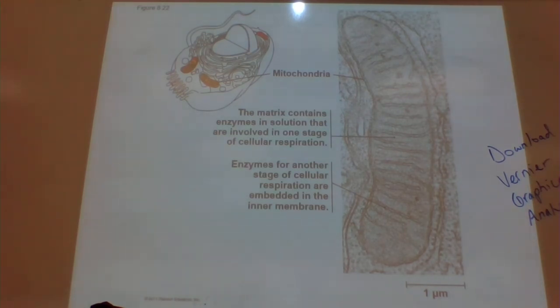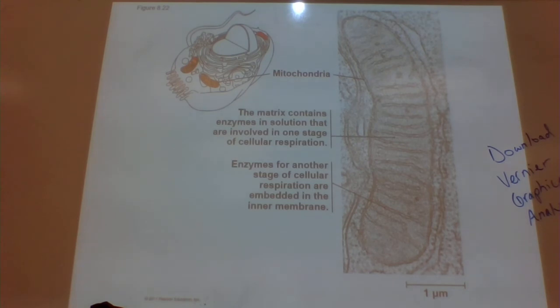What is the purpose of a cell organelle? Remember how I described the body to you. The body is a giant vat of what? I've used this phrase a number of times. The body is a giant vat of what? Chemical reactions. Chemical reactions. The cell is a little vat of chemical reactions, right?